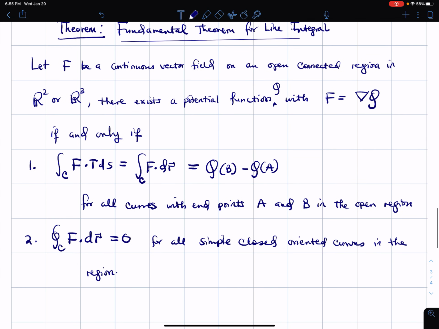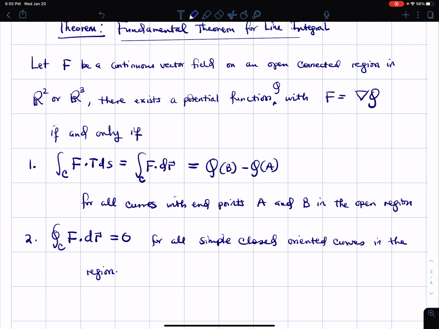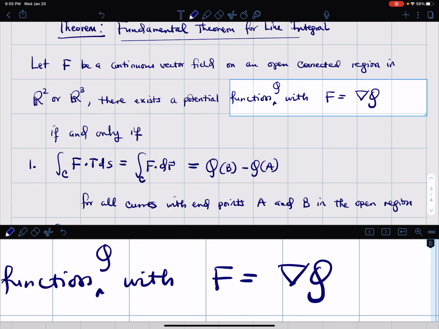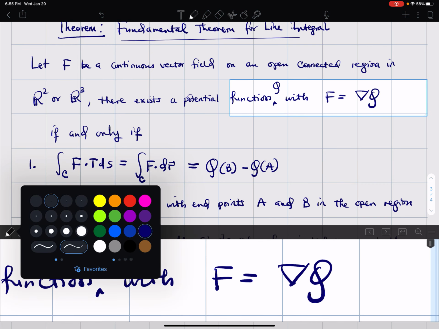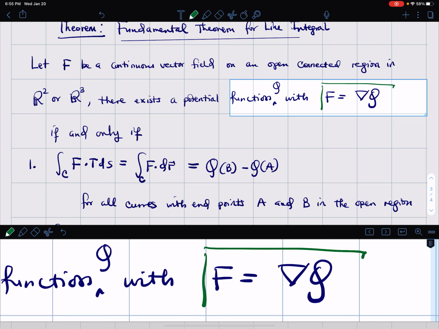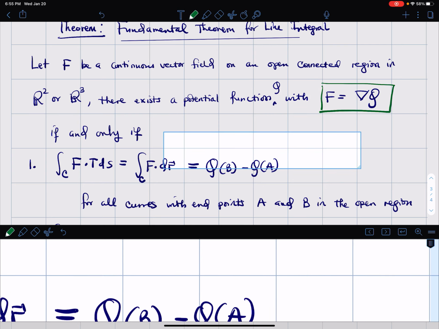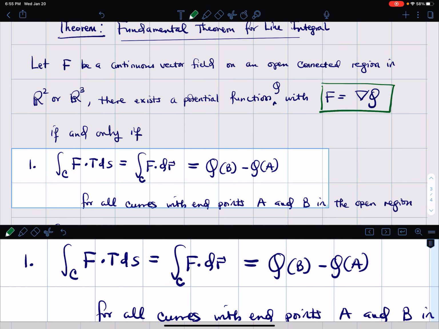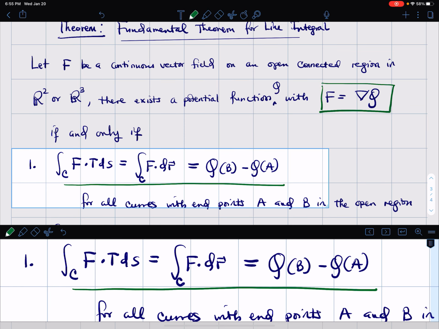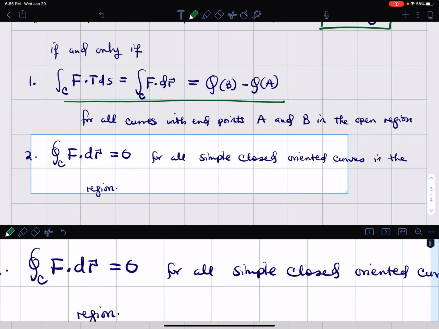So the fundamental theorem for line integrals: F is a continuous vector field in an open region. The main thing to take away from this theorem is that F is conservative if and only if this is true, right? And that is true.